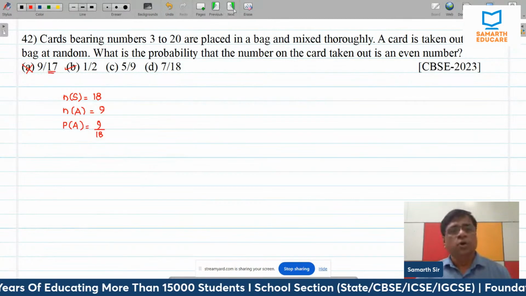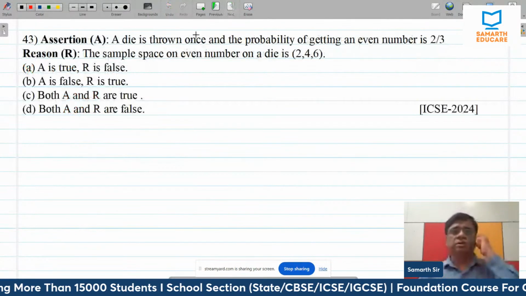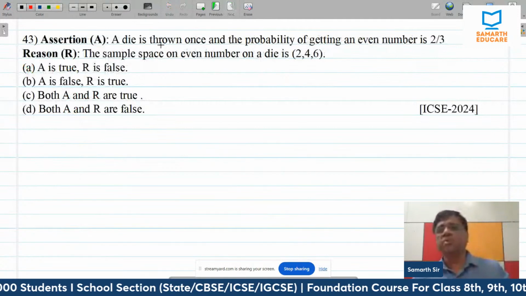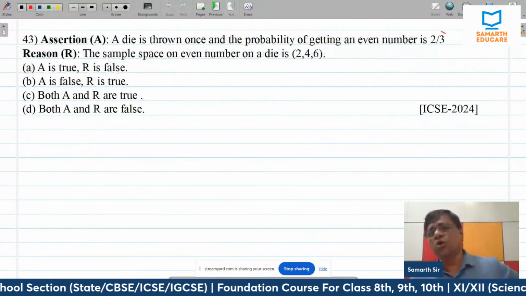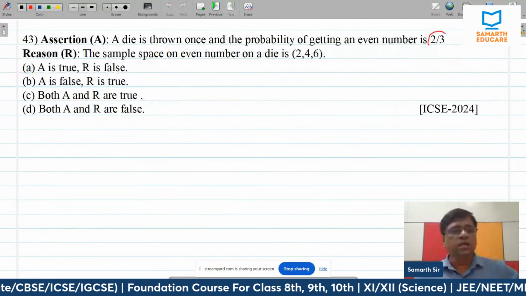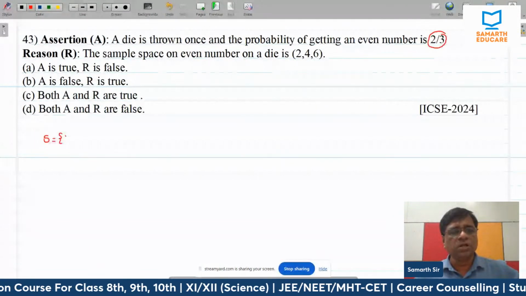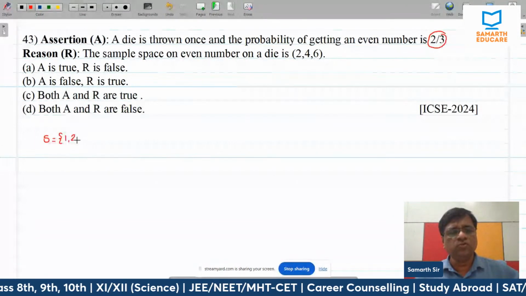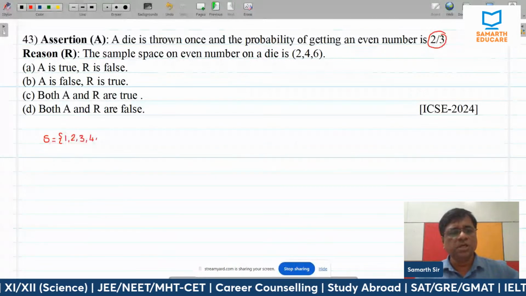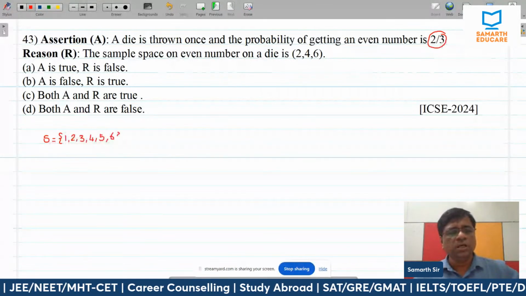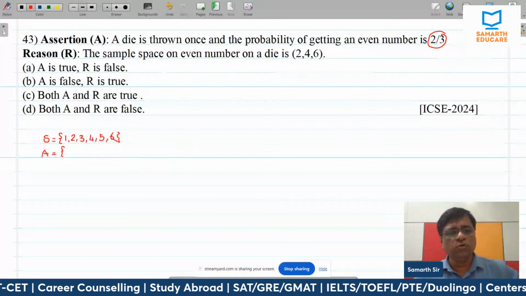Again, assertion: a die is thrown once and the probability of getting an even number is wrong, because in a die, if the sample space is considered, how many faces are there? 1, 2, 3, 4, 5 and 6. How many even numbers are there? Even numbers are 2, 4, 6.